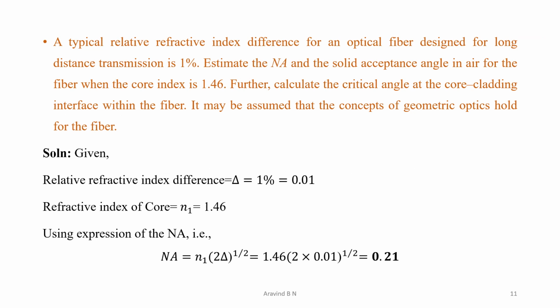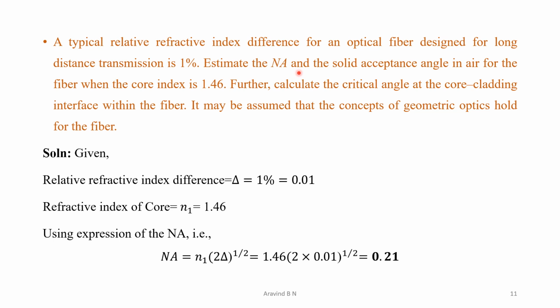Now getting into one more problem where we are going to use the relative difference in the refractive indices. The statement: a typical relative refractive index difference for an optical fiber designed for long distance transmission is 1%.